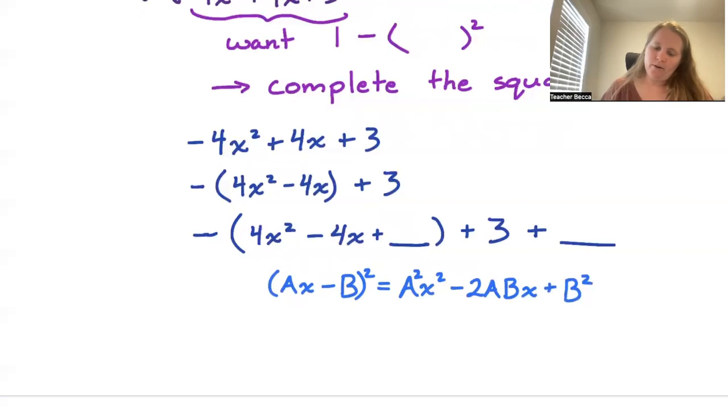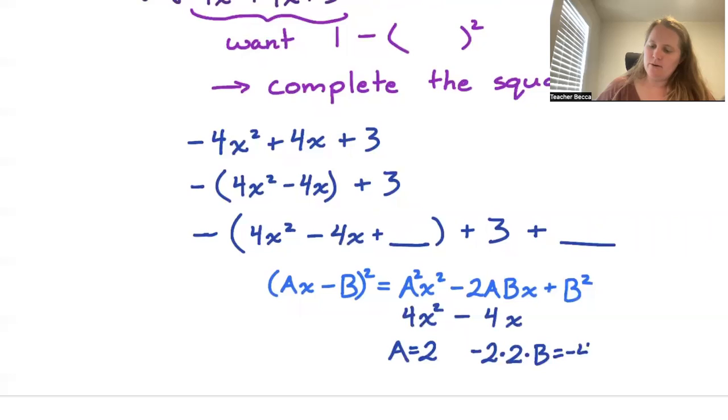So in this scenario, we have 4x squared minus 4x. So our a would have to be 2, since 2 squared is 4. Then negative 2 times 2 times b would be negative 4, so our b would have to be 1.